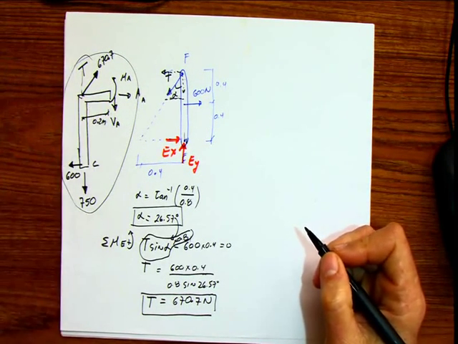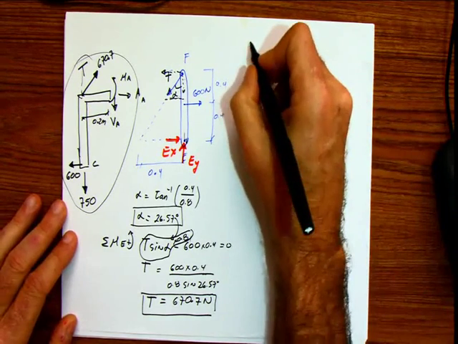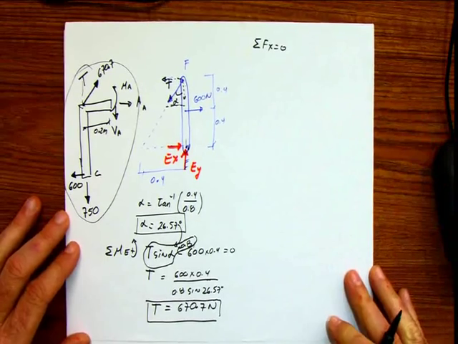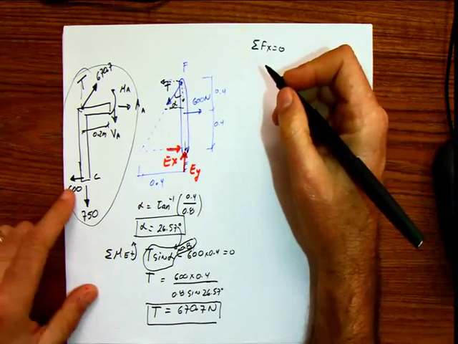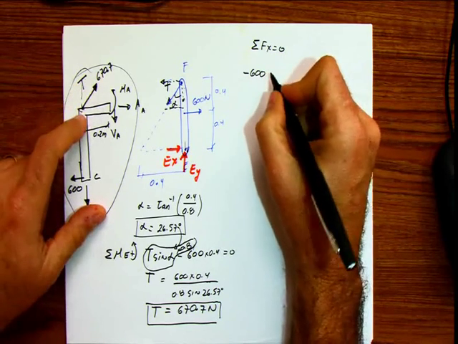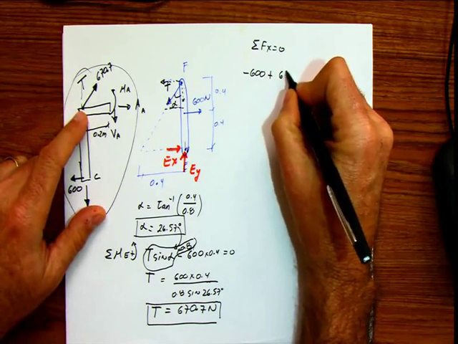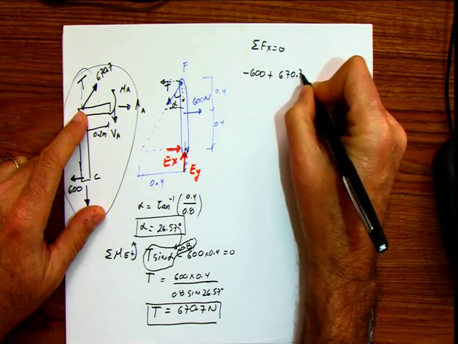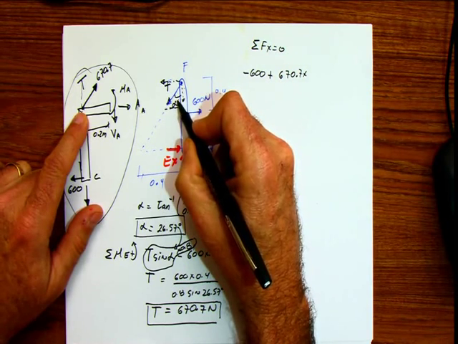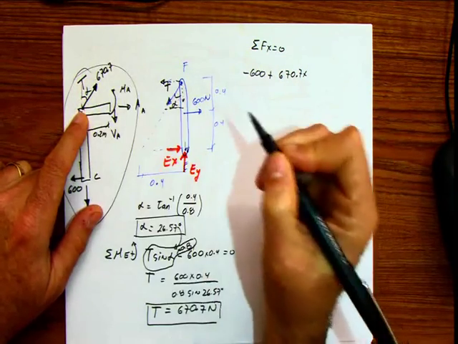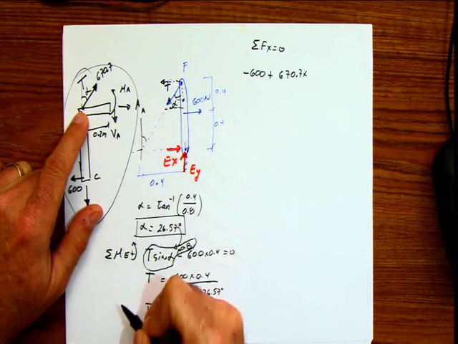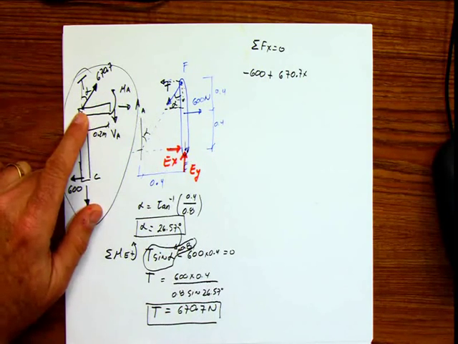Now we can calculate these forces. How do we calculate those forces? Well, we can start by doing summation of forces in X equals 0. What forces do we have in X? Negative 600 plus this component. What is this component? 670.7 multiplied by, now if this is alpha here, this is going to be alpha here, because this angle here has to be equal to this angle here, and this angle here is alpha, which is this one at this end.